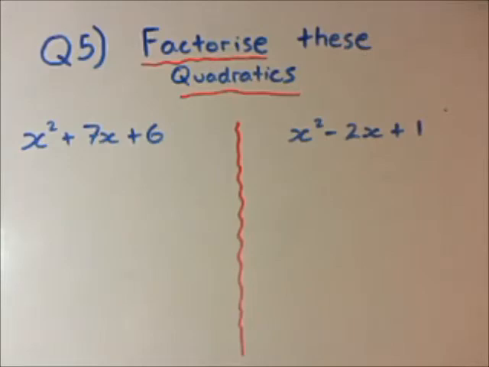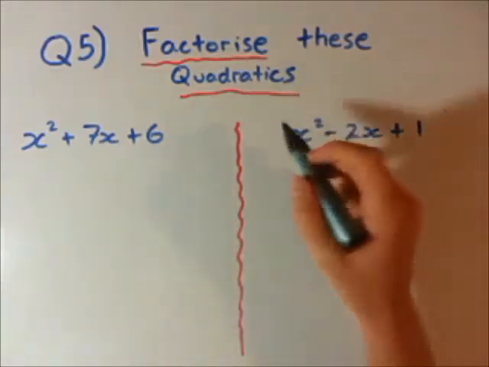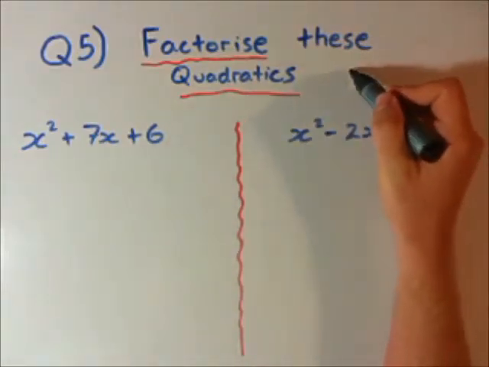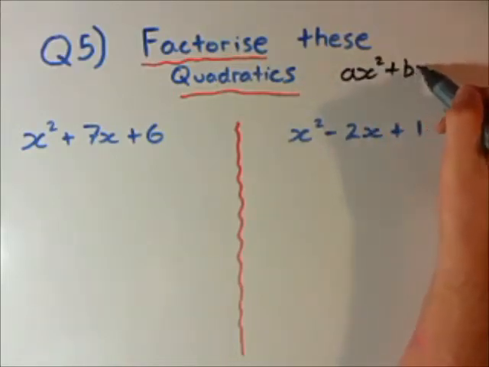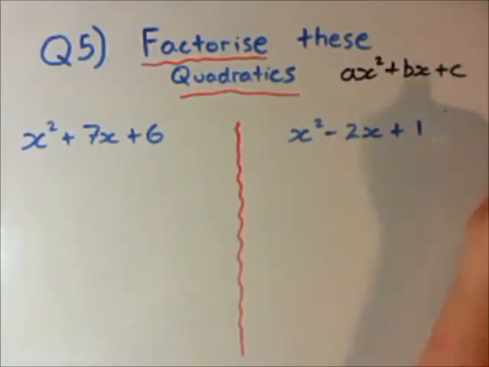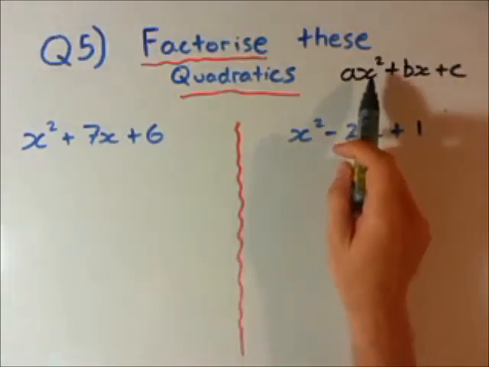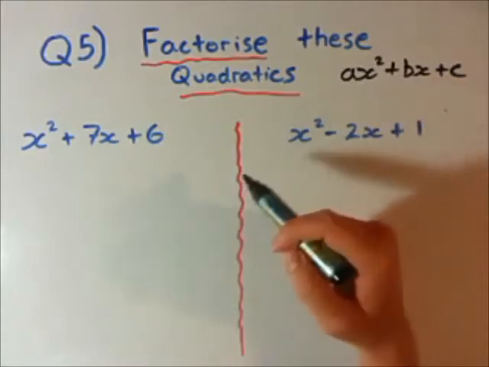Now, what is the form of a quadratic? You probably have seen this in your textbook. A quadratic is in the form ax squared plus bx plus c.